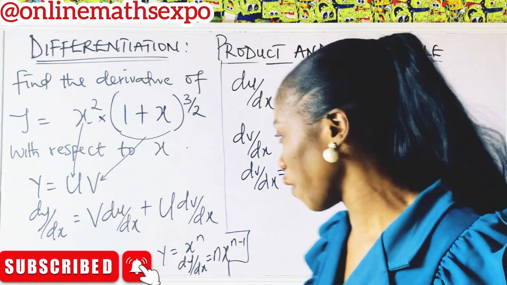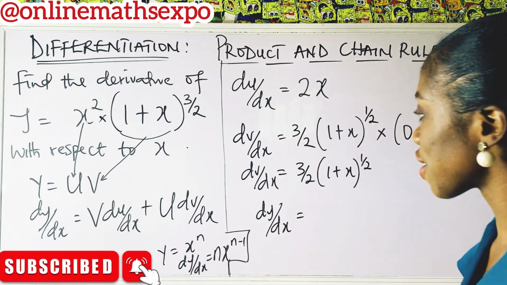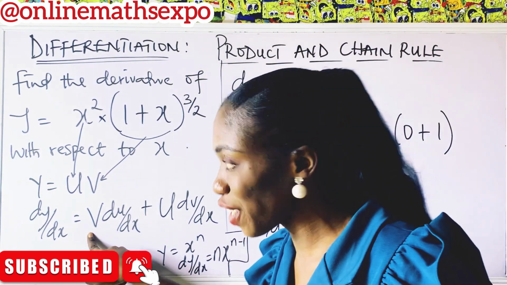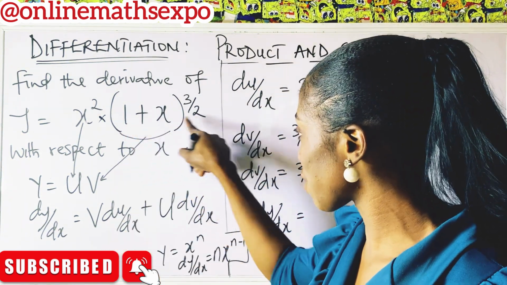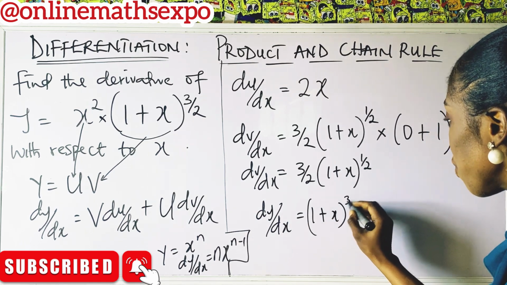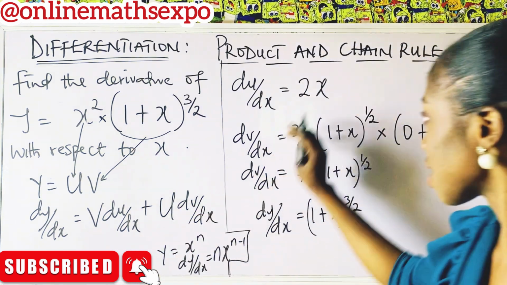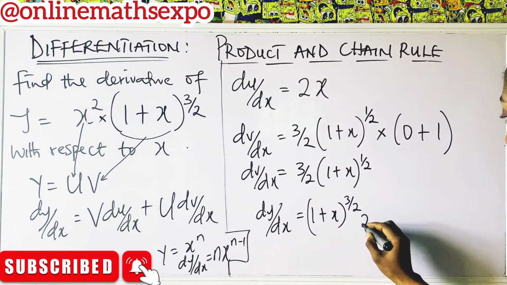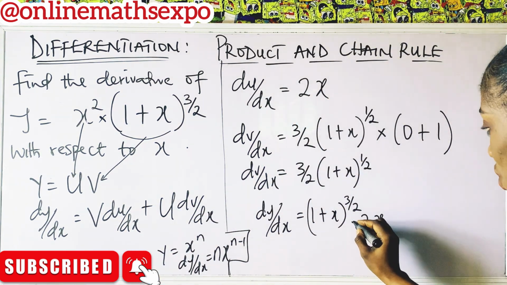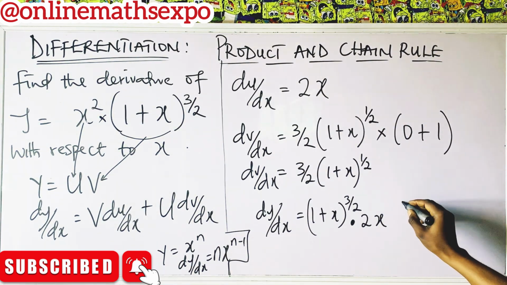Let's do that now. So in that case, we are going to have dy dx is equal to v, which is what? This function, 1 plus x to the power of 3 over 2. Du dx, what did we get? 2x. Okay? Remember, this is multiplying, so we can use dot to represent multiplication.